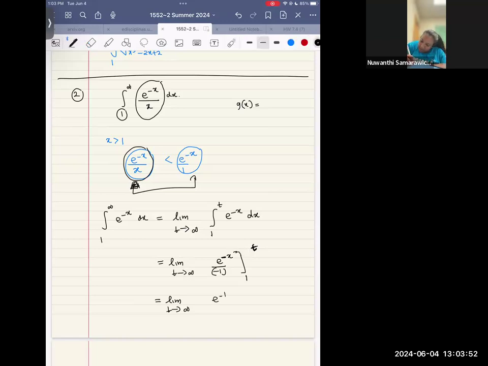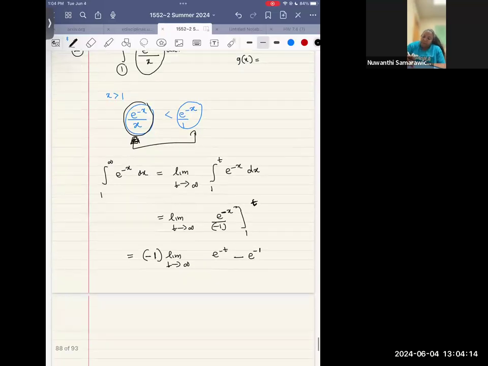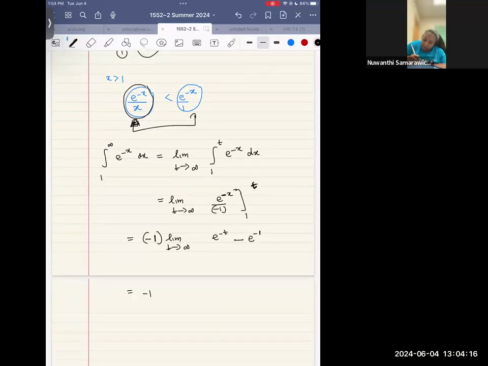So limit t goes to infinity, e to the power negative t, with the minus taken in front, minus e to the power negative 1. So we can write limit t goes to infinity of e to the power negative t, and this is 1 over e.